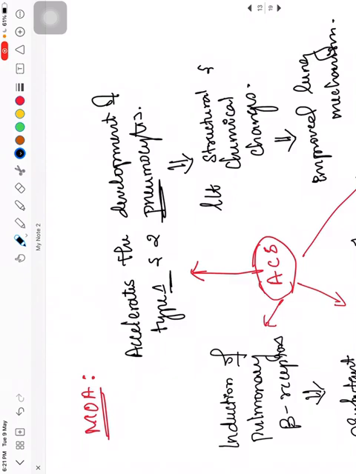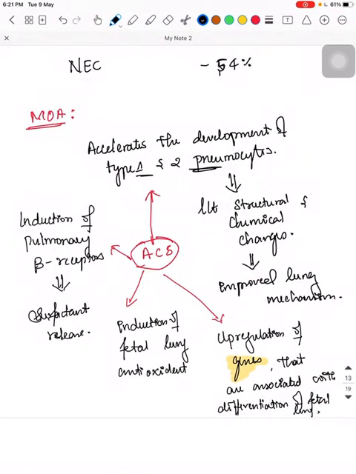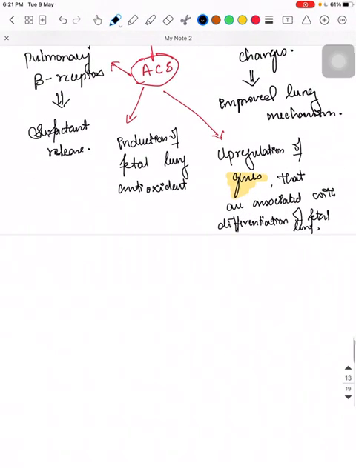What is the indication of the first course of antenatal corticosteroids?